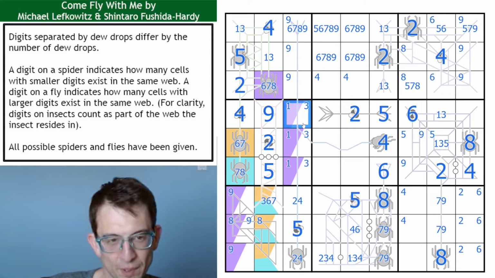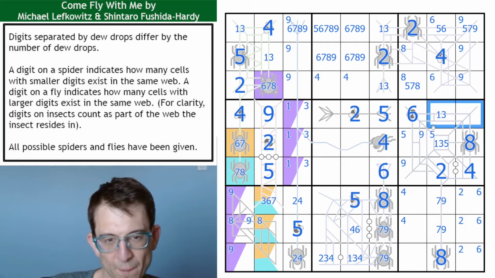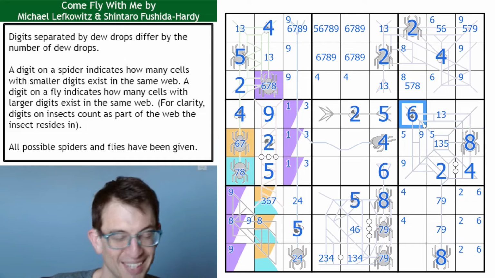If this is purple, 1 would go here. That seems fine. I don't know.